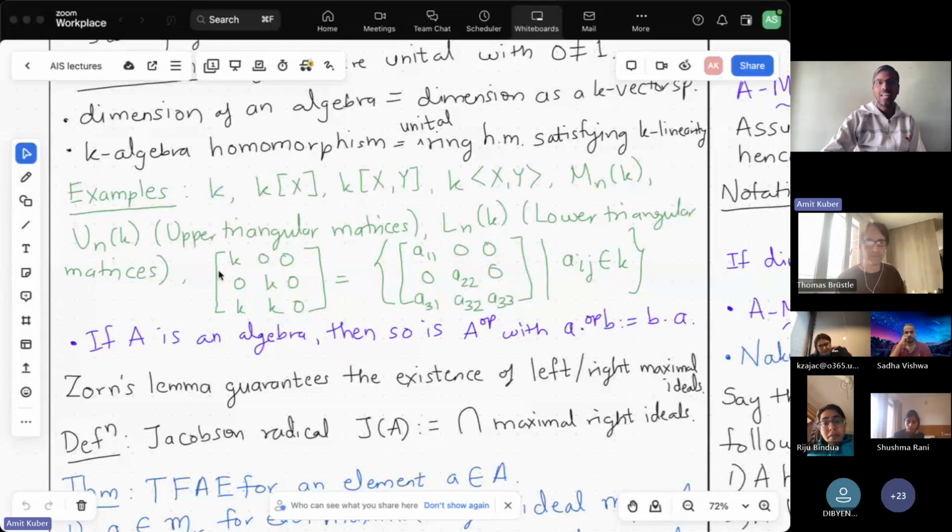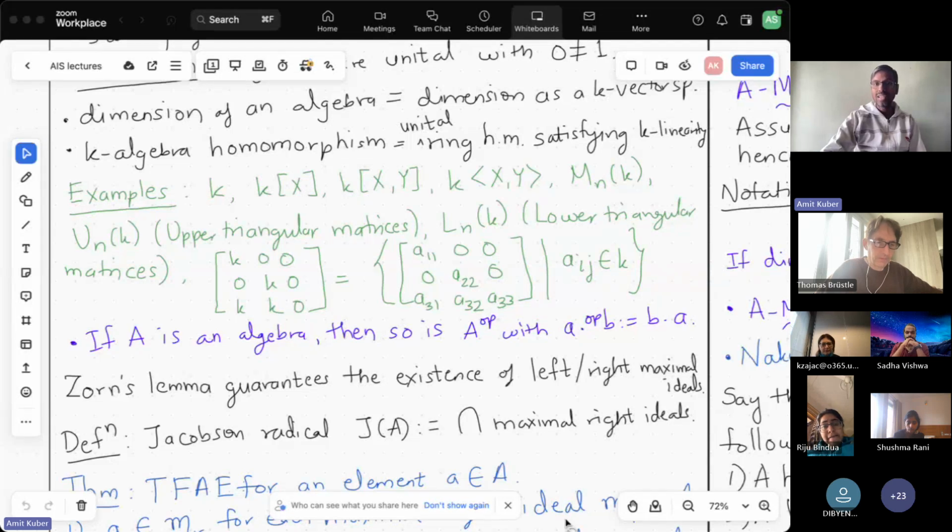And this slightly non-trivial example also, we saw that there was some orientation of A3 which gave us this. And we ended with the question of what to do if we are talking about the polynomial ring in two commuting variables and the matrix algebra. These two we haven't touched so far. Okay, so this is where we ended last time.